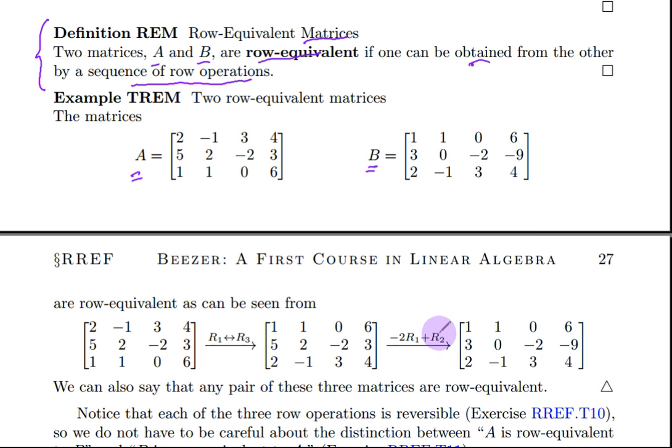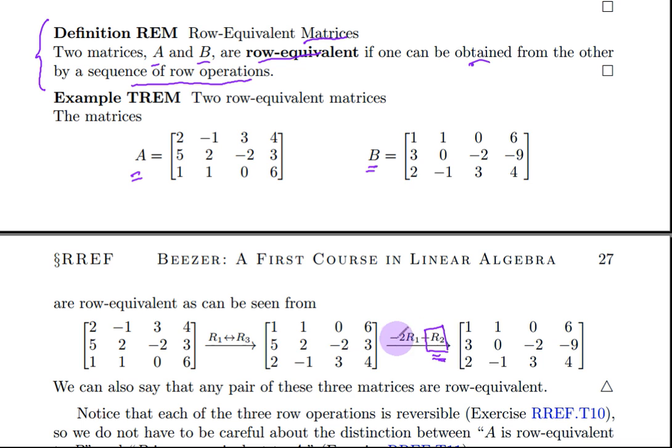So what that means is I take every entry in the first row, multiply it by -2, add it to the corresponding entry in the second row, and replace the second row with the result. You always replace the second row in the row operation with the result. And we'll see what that means in other examples.